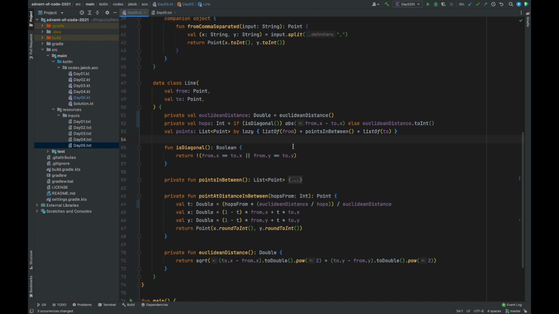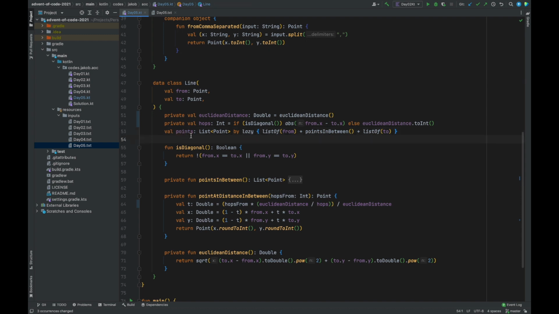I quite like that. And then I figured this is literally just showing off some of the cool features of Kotlin, in my opinion. I thought, okay, this is a perfect opportunity to make a lazy delegate. So super overkill, of course, for this puzzle, but the idea is that likely, if you would use this class in a larger application, then just by constructing a line that goes from and to, you might not necessarily want all the points in between, right?